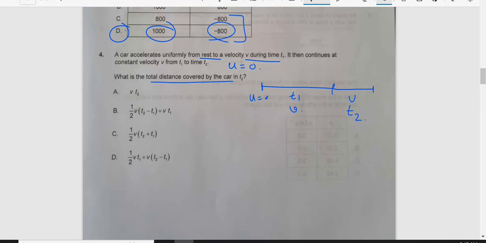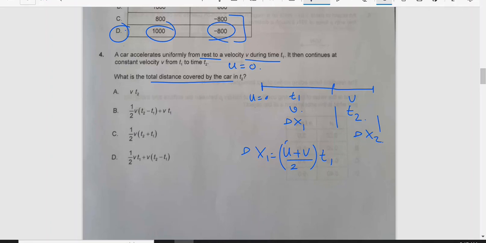Now, for the first leg, I have to find the first distance, delta x1. For the second leg, from here till here, I have to find delta x2. The total distance will be x1 plus x2. Now, how can I find the distance? The initial plus final velocity, divided by 2, is the average velocity, times time.